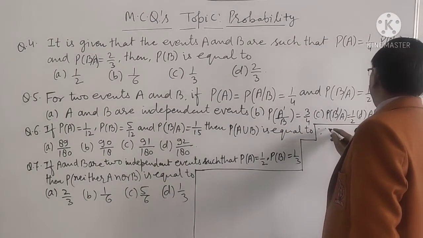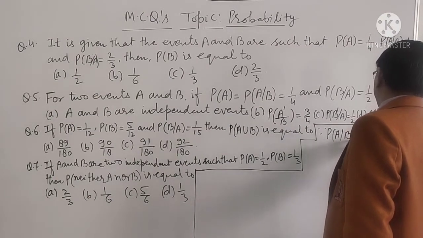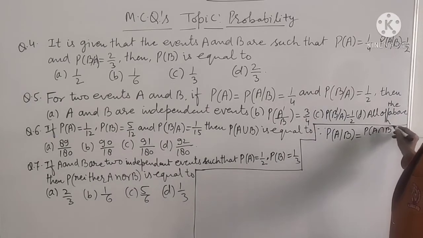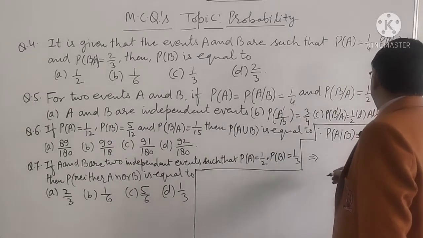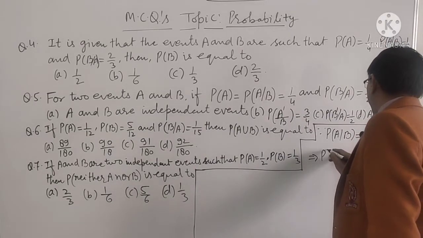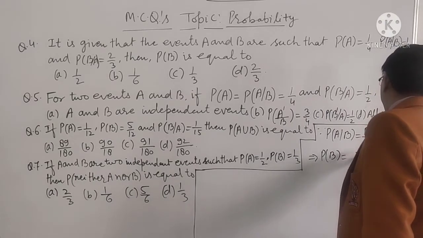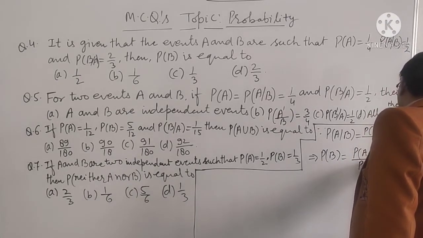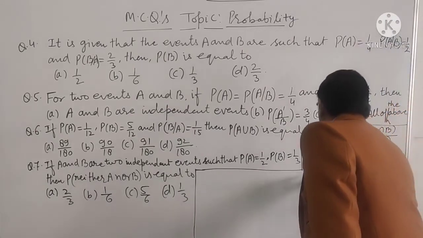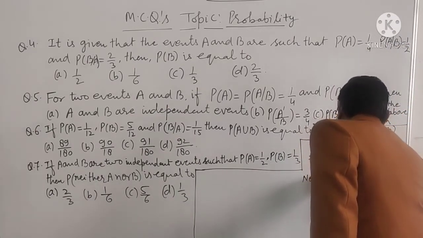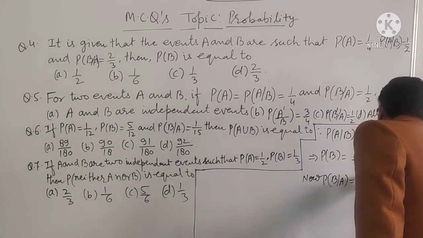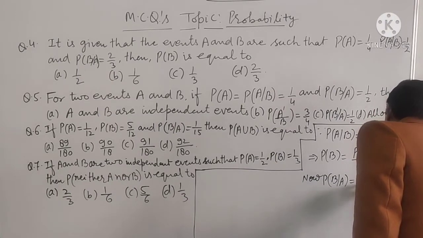Since P(A|B), probability of A under the condition B, is P(A intersection B) upon P(B), from this we will get P(B) is P(A intersection B) upon P(A|B). Now, P(B|A) is equal to P(B intersection A) upon P(A).